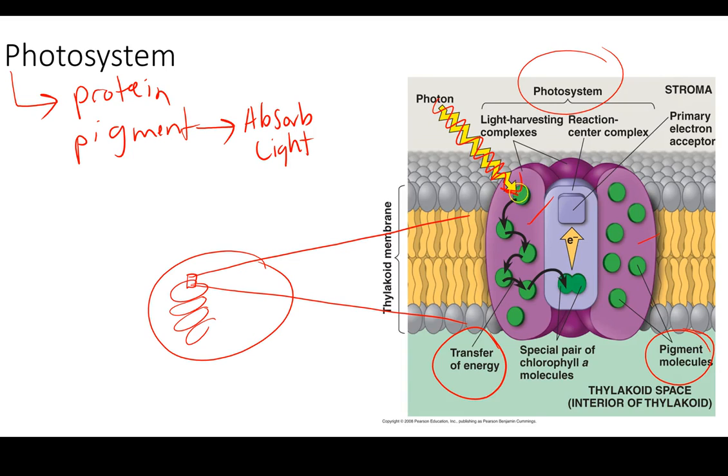So this pigment molecule gets excited. Because of that one, this one gets excited. Because of that one, this one gets excited. It's sort of like the wave at a stadium. Once one fan gets excited and starts to do the wave, what happens to the person next to him? What happens to the person next to her? Do you get excited halfway down the stadium?